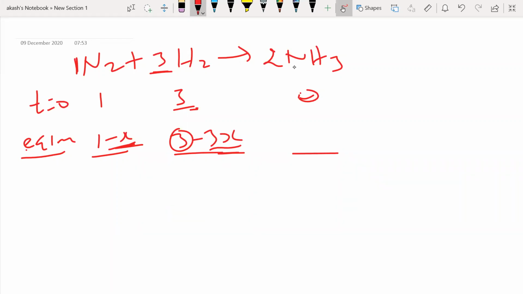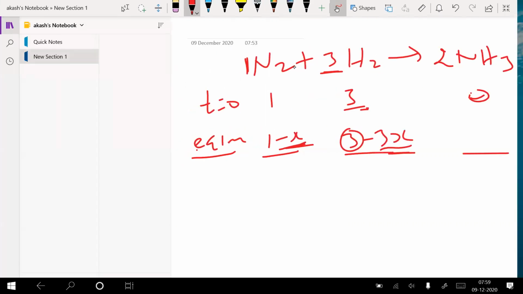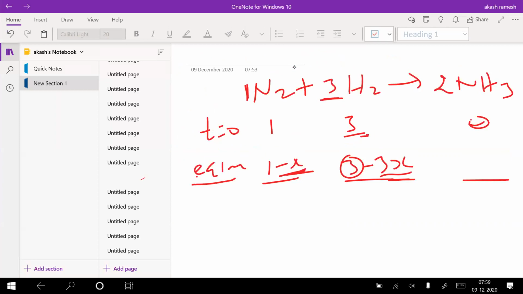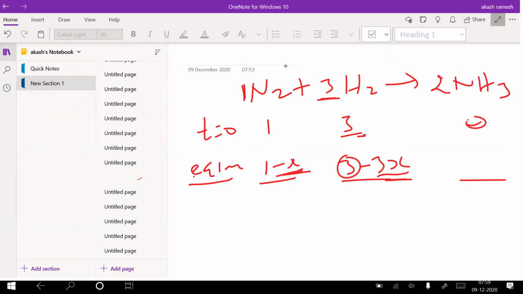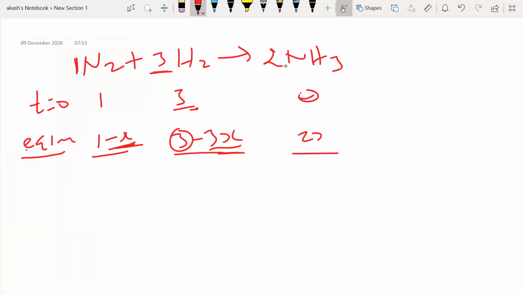What is it? 2x, sir. Yes, it's right, here it is going to be 2x. Pretty simple. The ratio is 1:2: 1 mole of N2 gives 2 moles of ammonia, so x moles will give me 2x moles. That's it. Done.